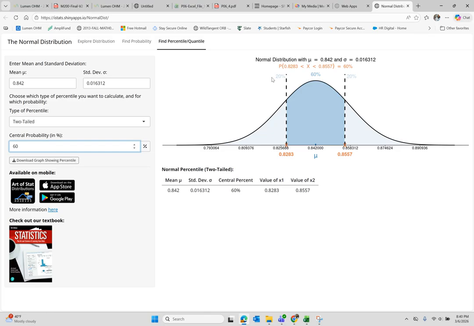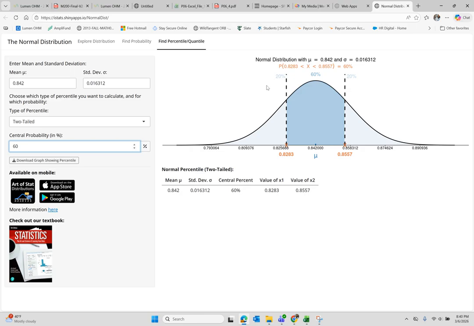So the 20% is half of what is left after 60% is subtracted from 100%. The central probability is called the confidence level, which is what you want the central probability to be. And the two tails are called alpha, and we will see that in the next chapter. Alpha is the probability that you are not within the middle 60% or the middle confidence level percent.